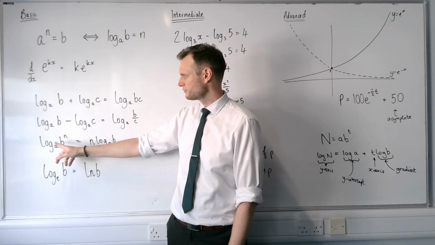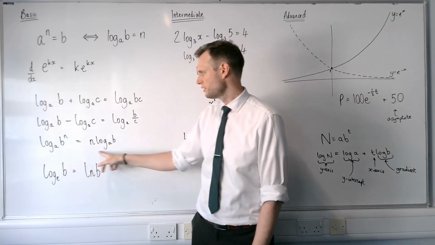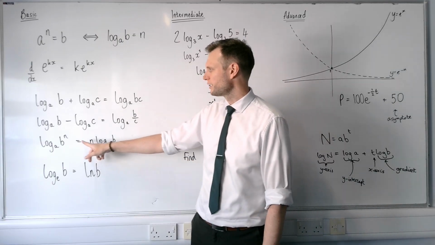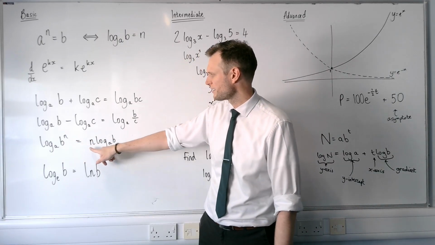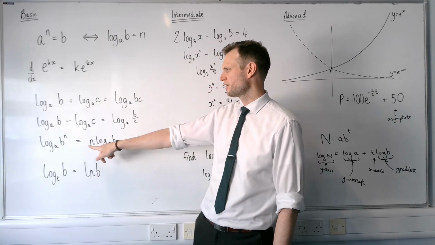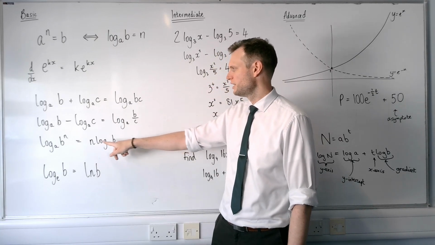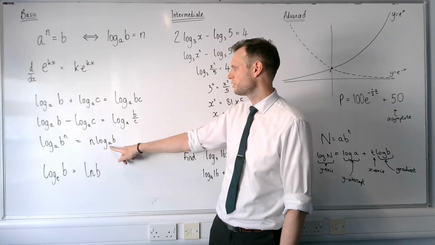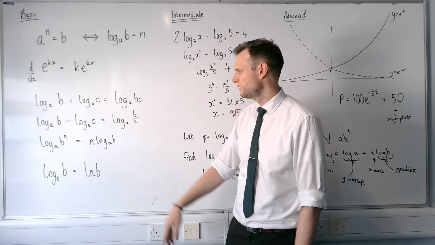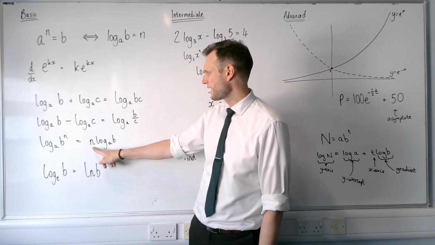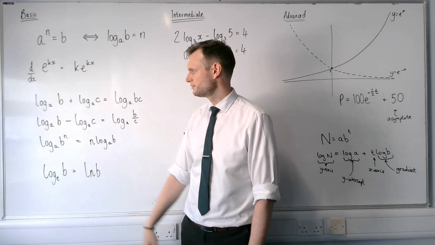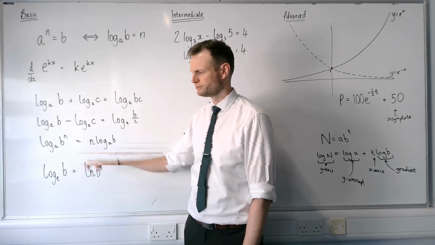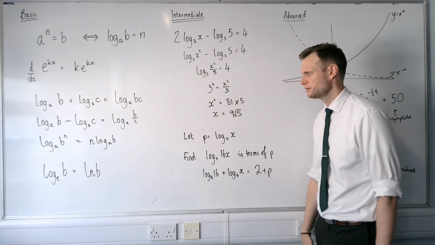If you do have that, then use this law at the bottom before you do the subtraction or the addition. Normally you'd have it in this form, n log, so if it said 2 log base 10 of 5, you could bring up the n as a power, so you could have log base 10 of 5 to the power of 2 instead. So you always use this one before using these two, if you're trying to combine logs together.